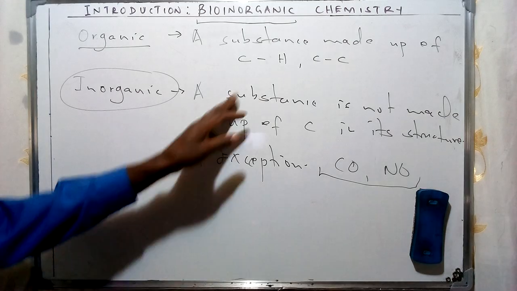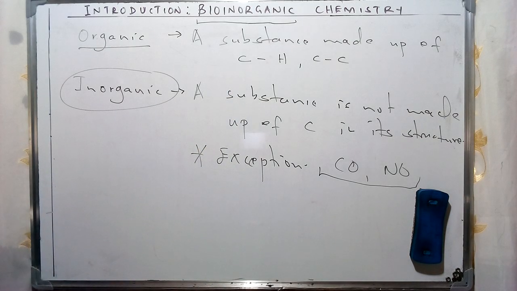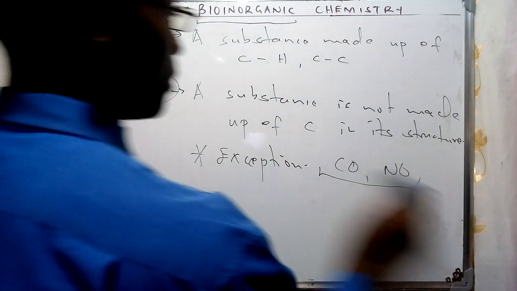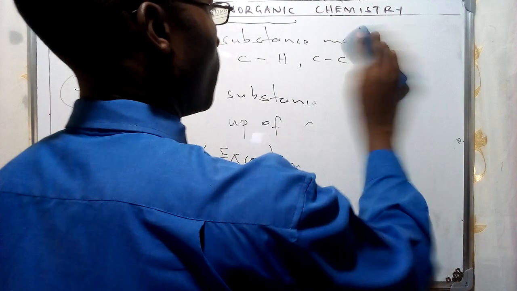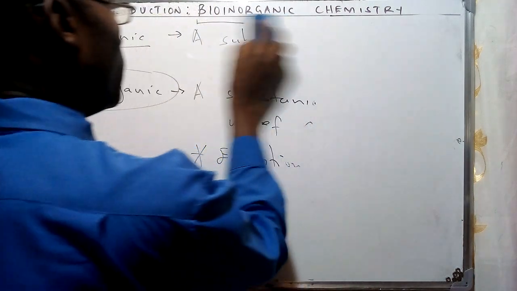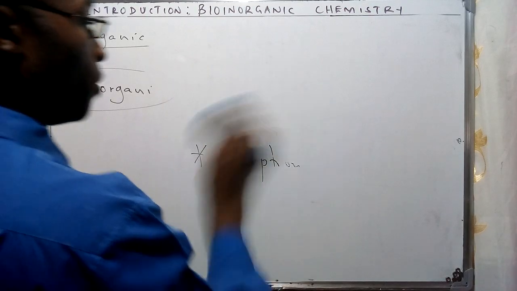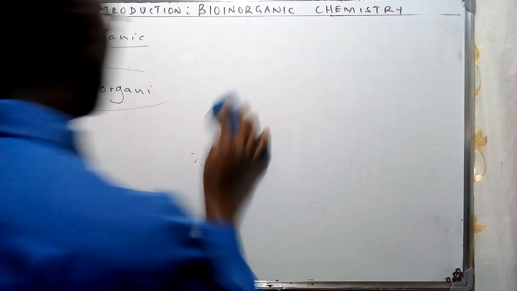We shall look at a range of substances that will help us differentiate between bioorganic and bioinorganic. We have come across these substances in some of our discussions, especially on proteins, carbohydrates, lipids, and of course nucleic acids.